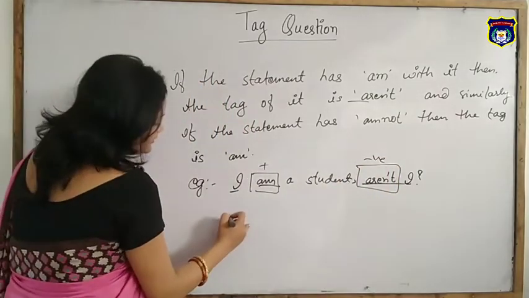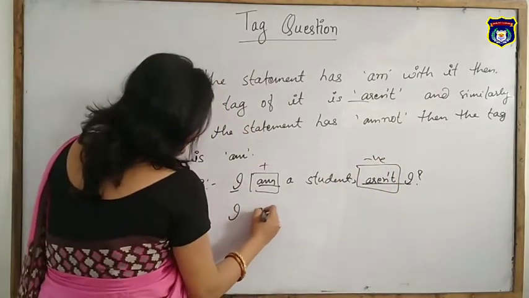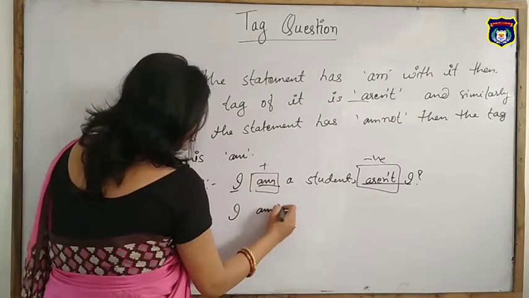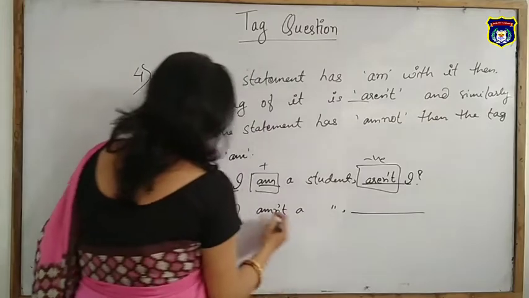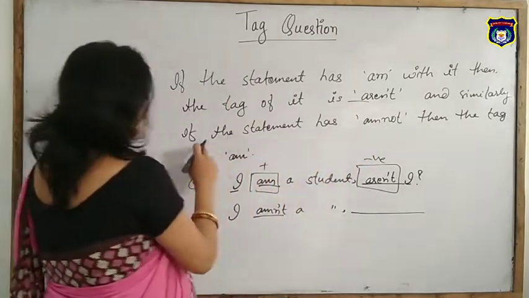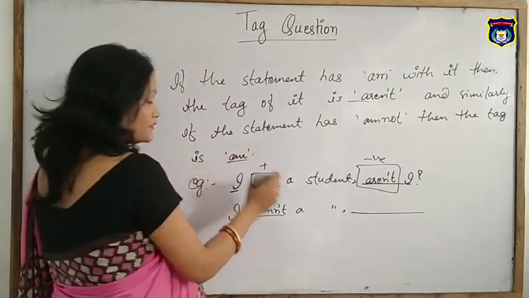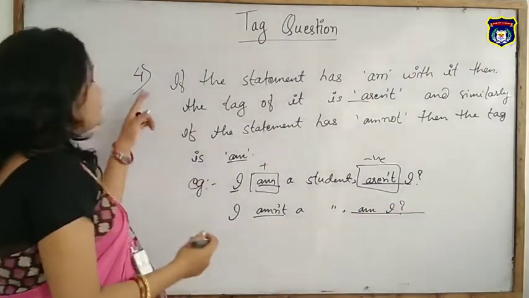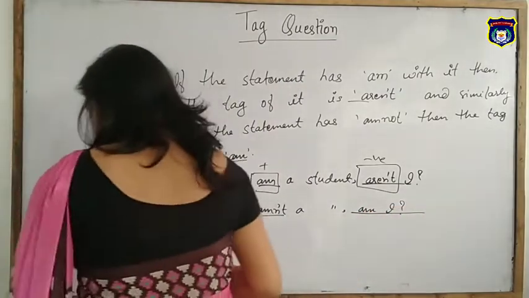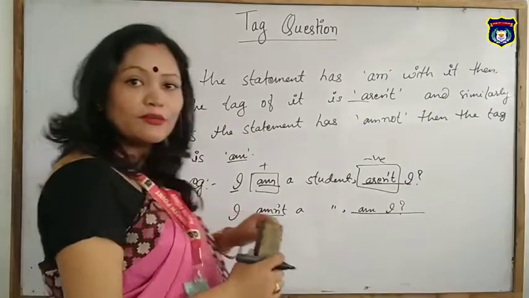Similarly, if I write here I am not a student, then what's the tag of it? Am not. The tag must be am. Therefore, am I. I hope up to rule number 4 it is quite clear to you. So let's move on to rule number 5.